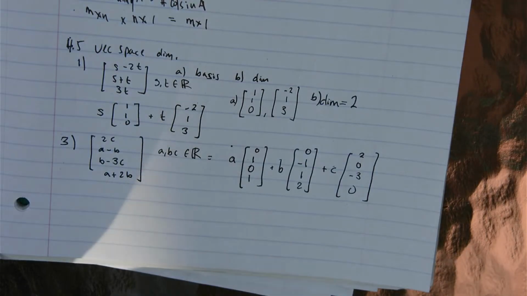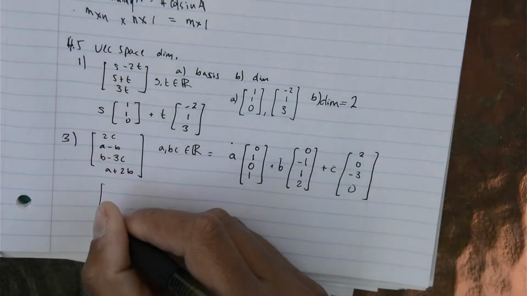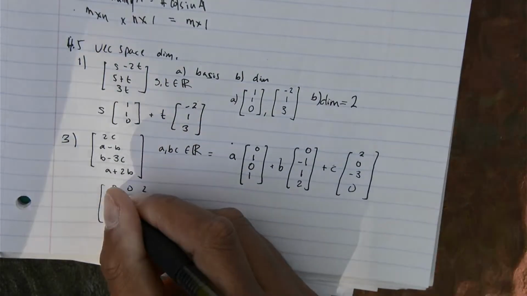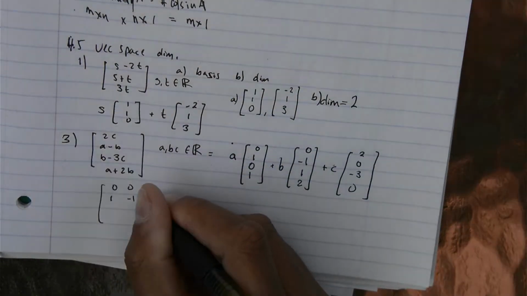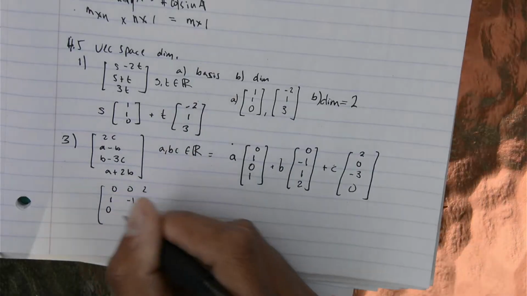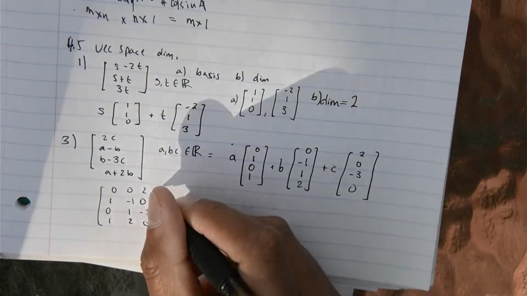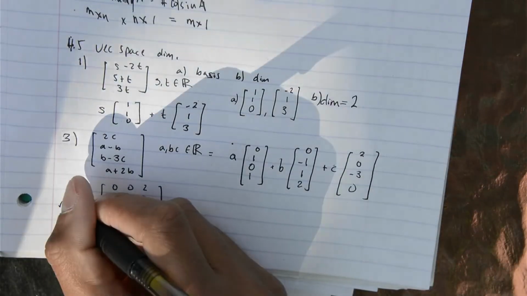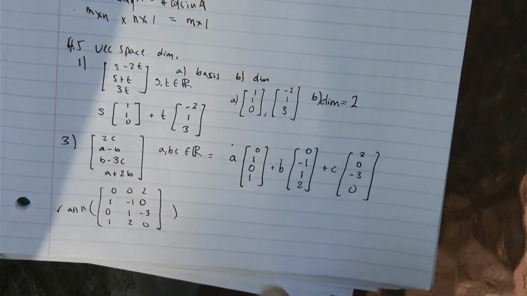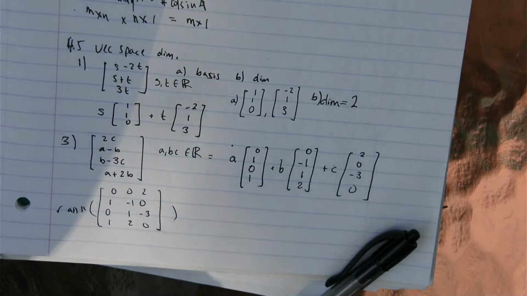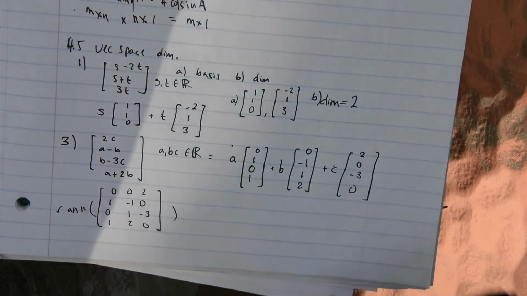So I don't know if we're guaranteed that the matrix 0, 0, 2, 1, minus 1, 0, 0, 1, minus 3, 1, 2, 0. So we need to now compute the rank of this because we don't know.